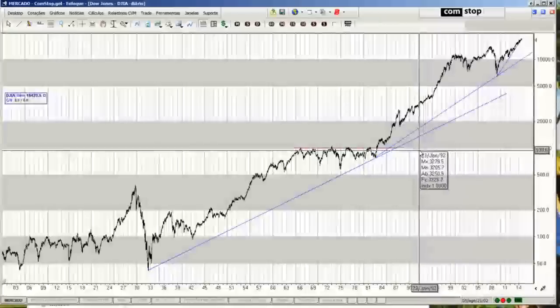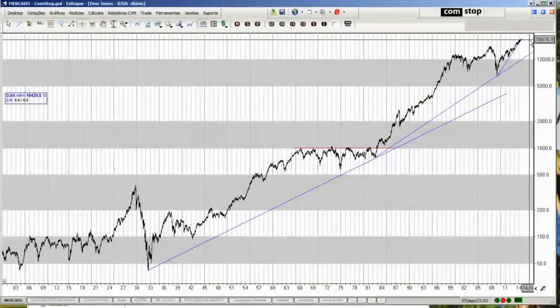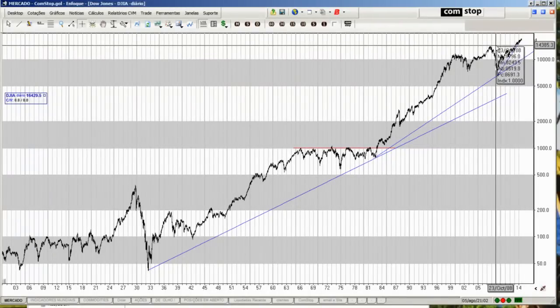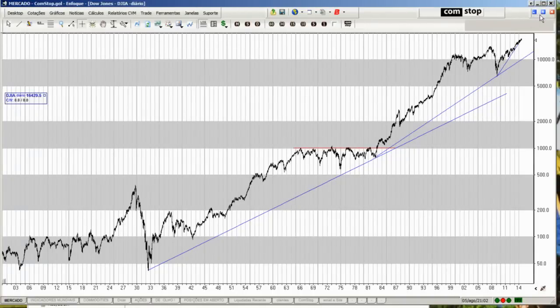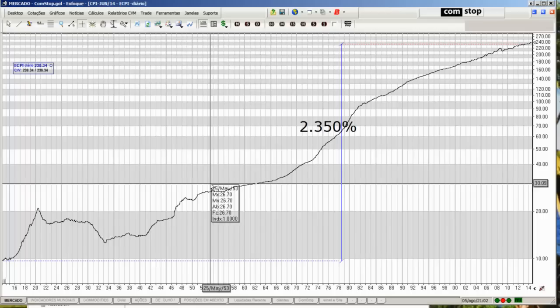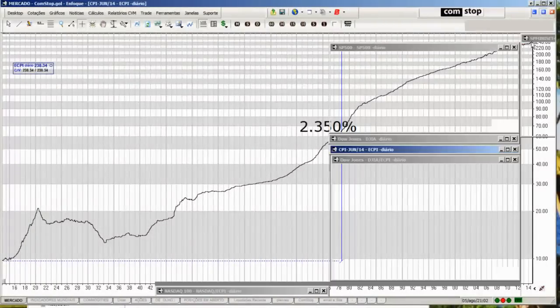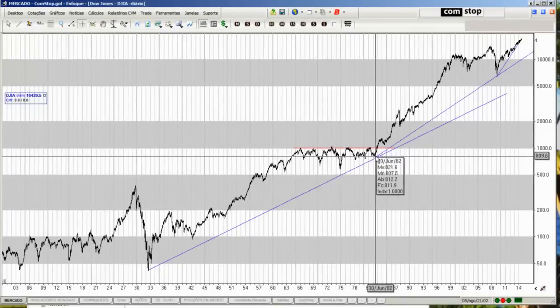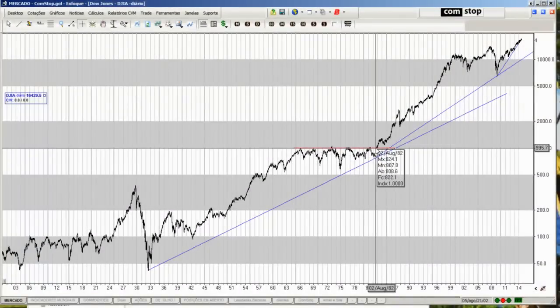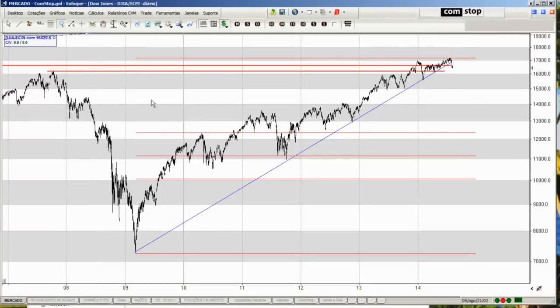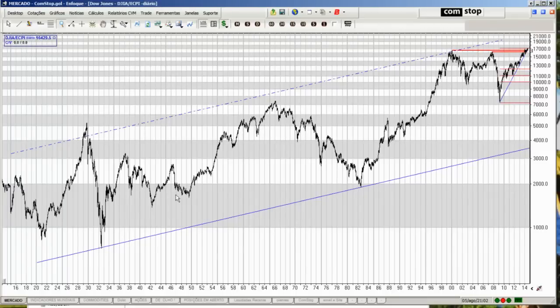Well, looking at this chart, it seems that the Dow Jones is at its all-time high. It seems that today's price is well above the 2007 top and the 2000 top. But this is not true, because in that period we had this inflation, 2,350%. When you take this inflation out of this chart, this accumulation that was held for 16 years below 1,000 points becomes a downward trend of proportions comparable to 1929.